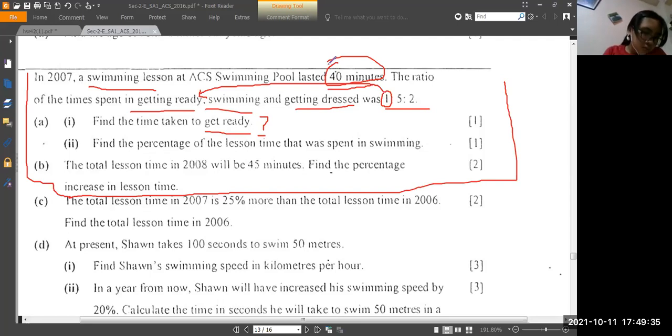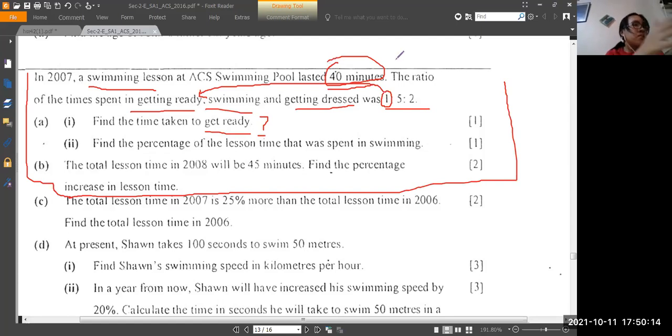Which question? B. Okay. Send? Yeah. Good.